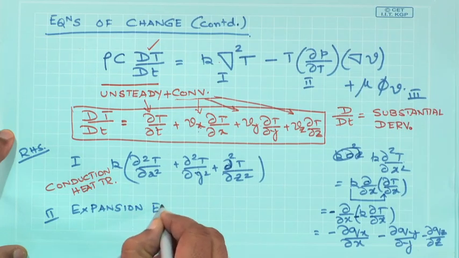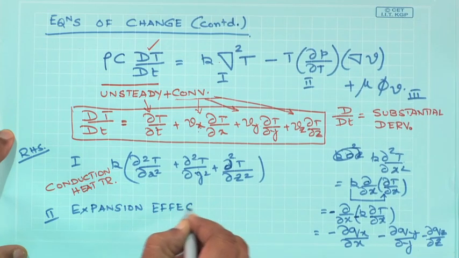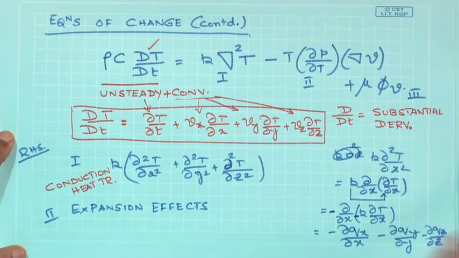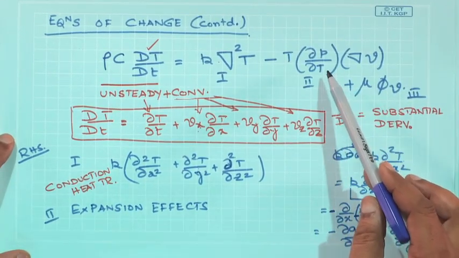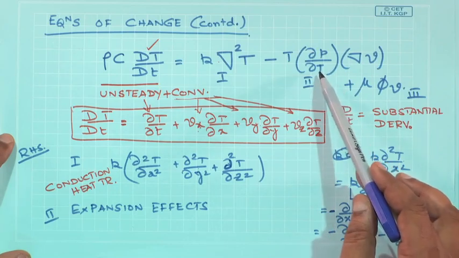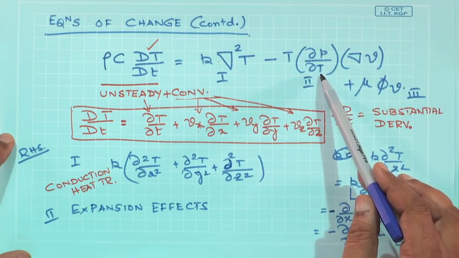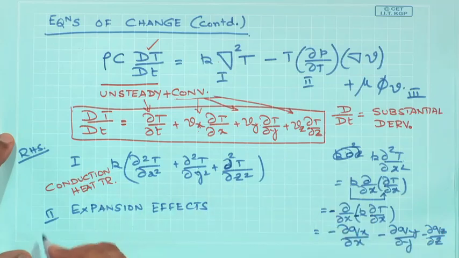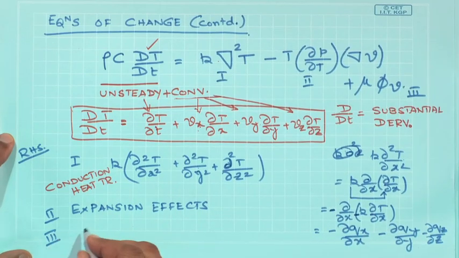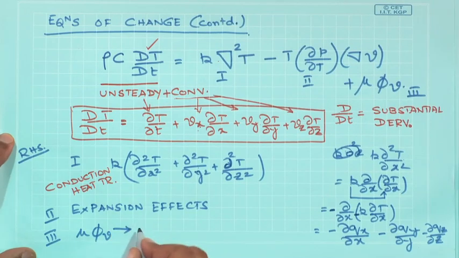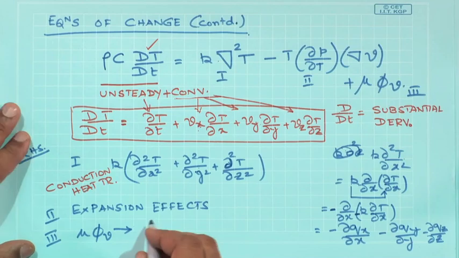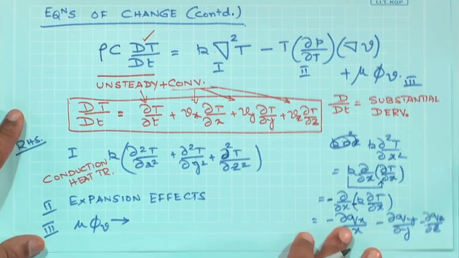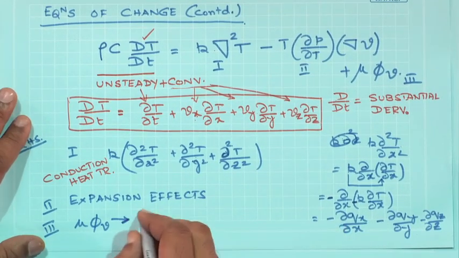And if this is expansion effects, it essentially tells you what would be the work done against pressure forces and so on. And the third term, which is mu times phi v, this is known as the work done against the surface forces, which is the frictional effects.